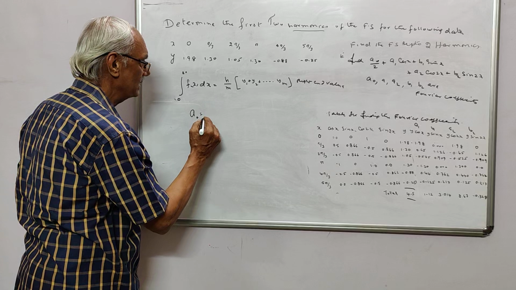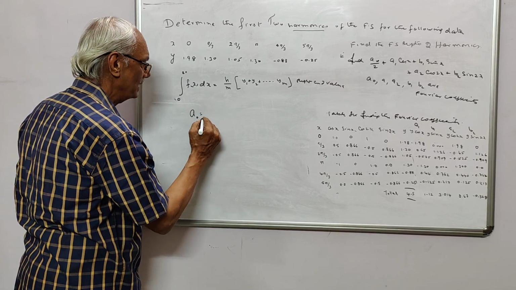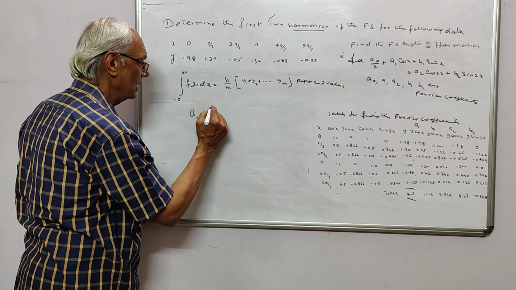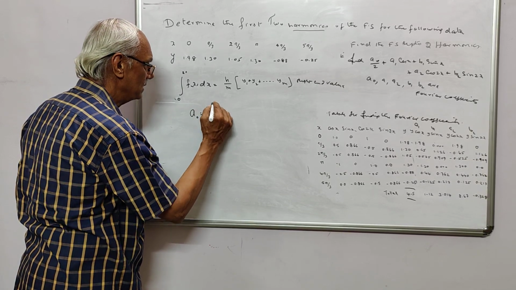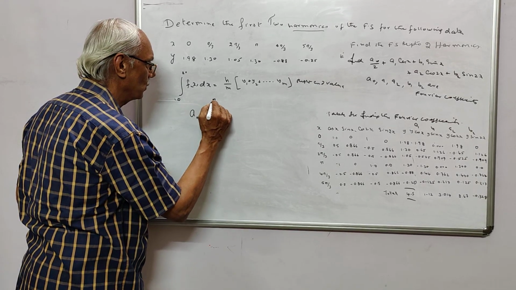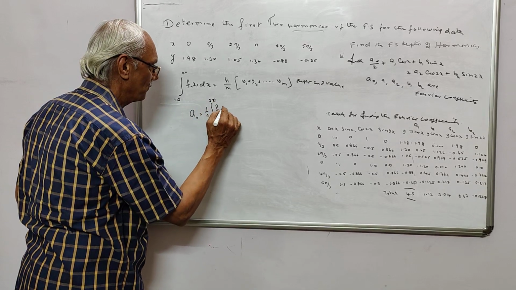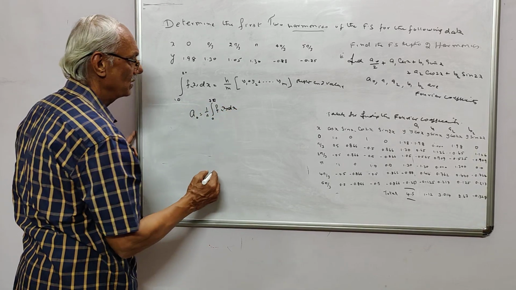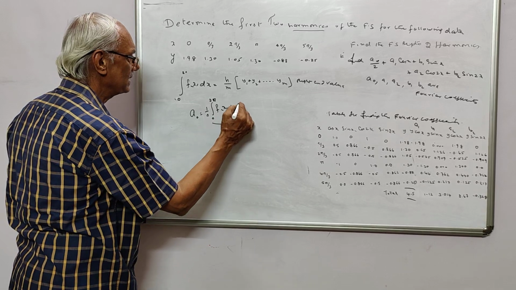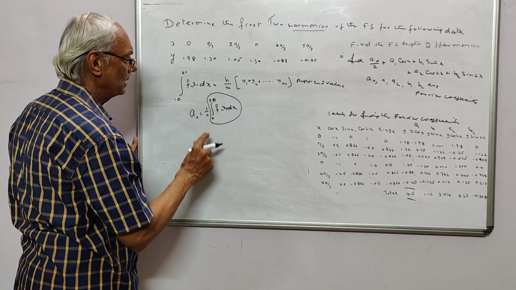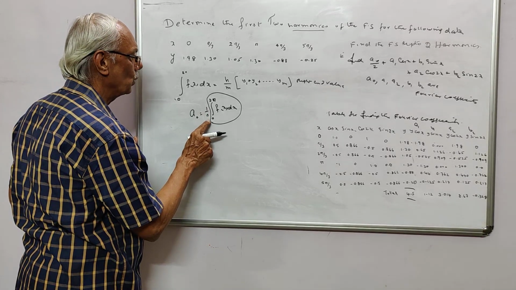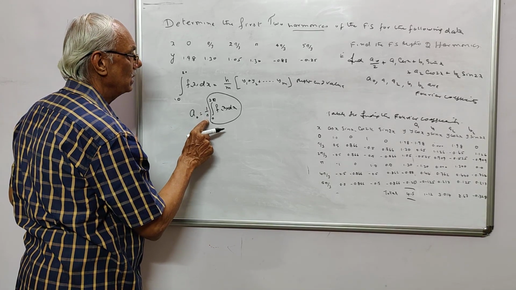This a0 is nothing but what? How do you define this a0? a0 is 1 by pi, integral from 0 to 2 pi of f of x dx. So you see that this is nothing but your h.